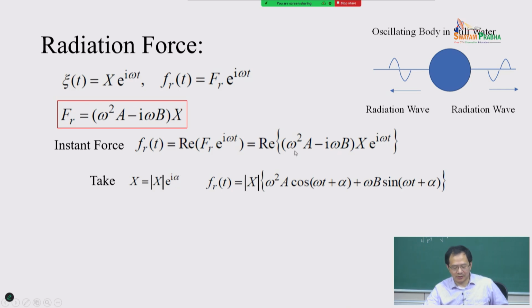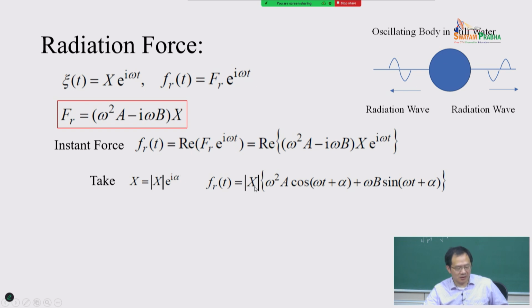The real part corresponds to cosine and the imaginary part to sine. This becomes cosine of ωt plus alpha, with real coefficients. Adding them together with the phase, that is the instant force for a given amplitude x.